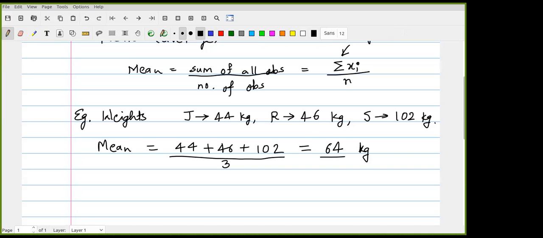But does that mean that your weight is 64, Janvi's weight is 64, or my weight is 64? No, it doesn't mean that. So it gives us a rough idea that this population, in this case we three of us are actually the population, so the average weight of this population is 64 kg. Okay.